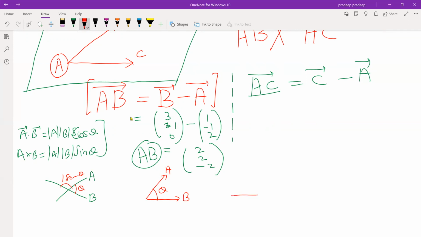If you consider this, let's say B and A. Again, in this case, the vectors are connected tail to tail, but this particular angle, can you check, is it acute or obtuse? This is obtuse. So what should be the angle in this case? I think 180 minus theta.